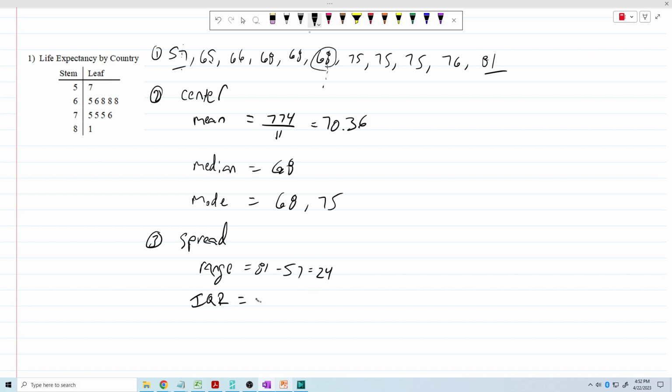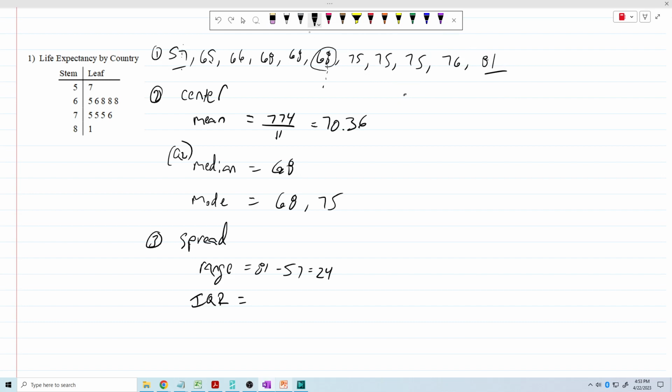Interquartile range is, once again, we know our median, which happens to be Q2, and then the median of the lower half and the median of the upper half. Well, lucky for us, there is an exact number in these, right? So when I just look at these, the median of that is this one here, 75.